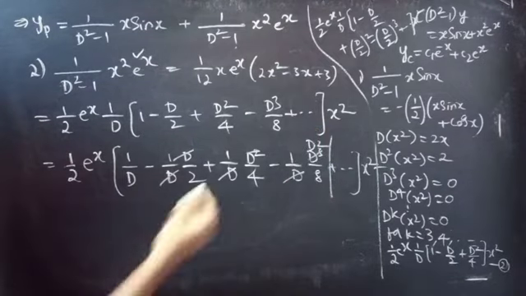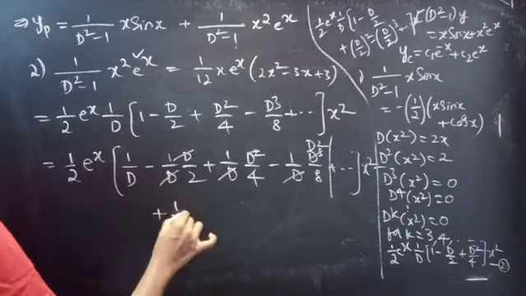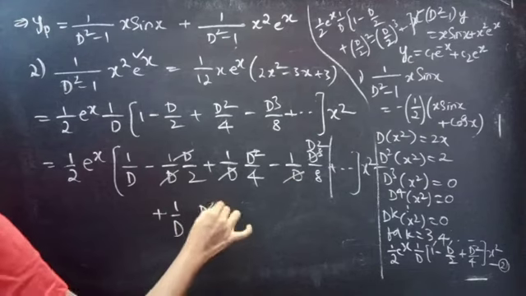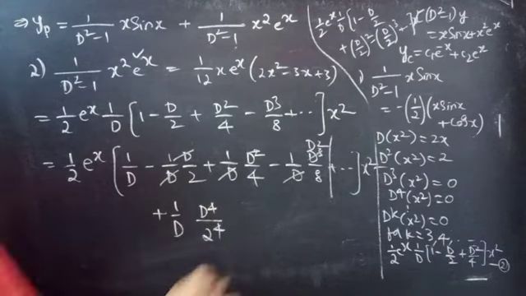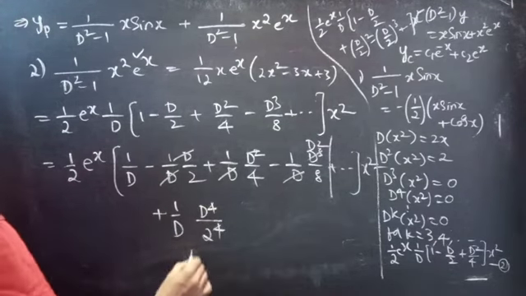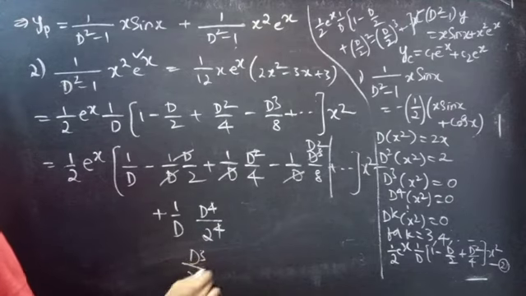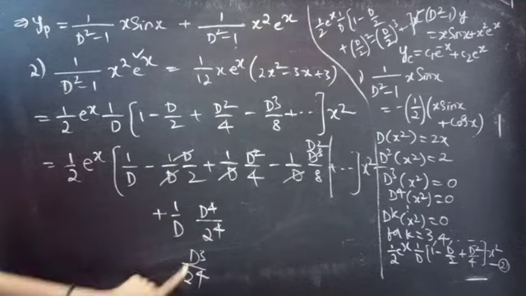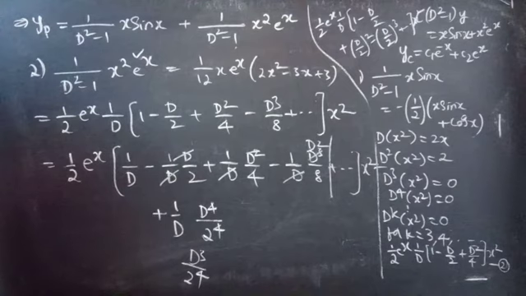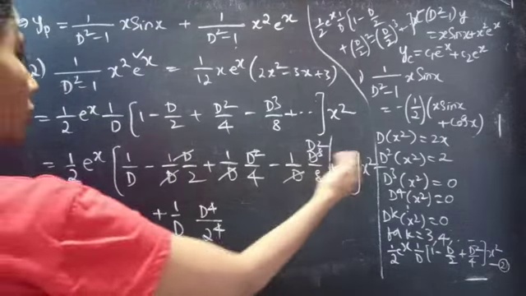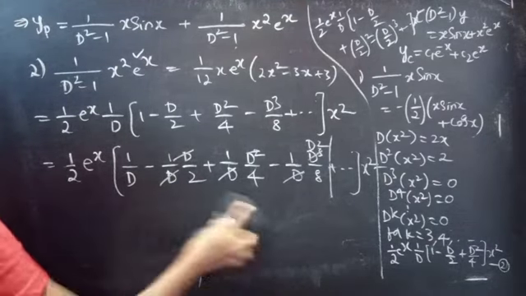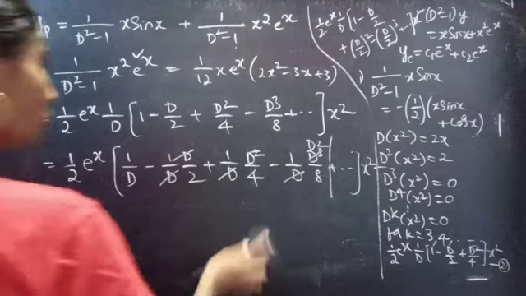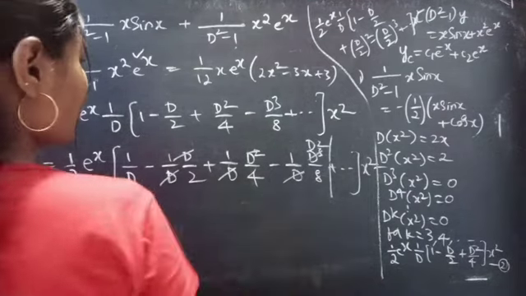Or I'll show you the next term. The next term will be 1/D into D⁴/2⁴, so we'll get D³/2⁴. See, we got a higher derivative, so the terms from here will be omitted. We can remove all the terms from here.